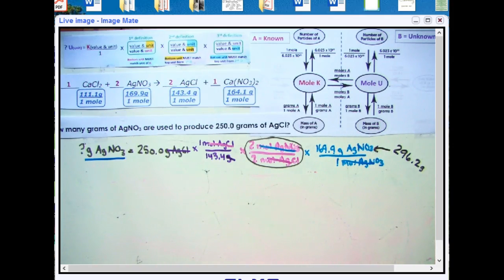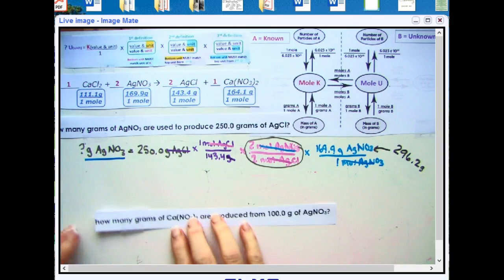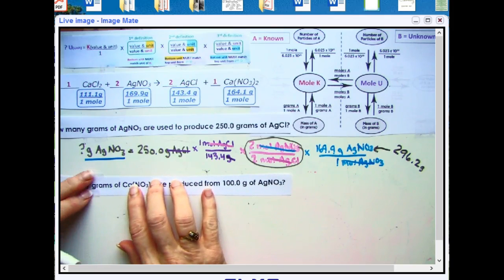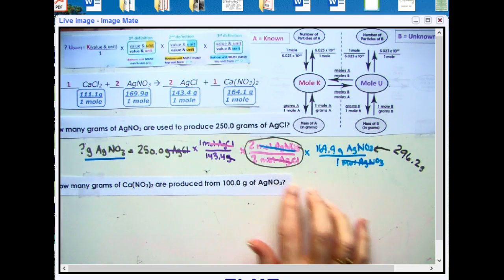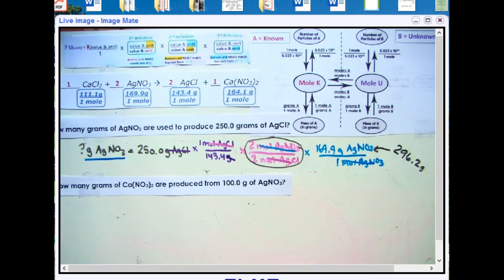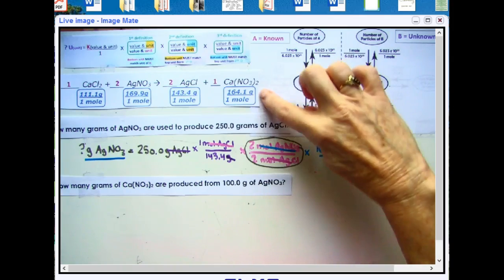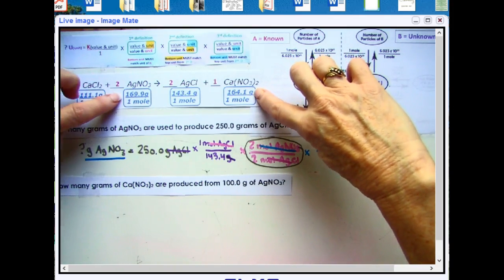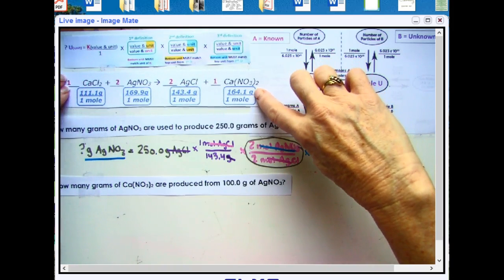All right, so let me get the second problem, and we're going to go right ahead and do it really quickly also. In this particular case, we're looking at how many grams of CaNO3. We're now going to use this one as the known, right?